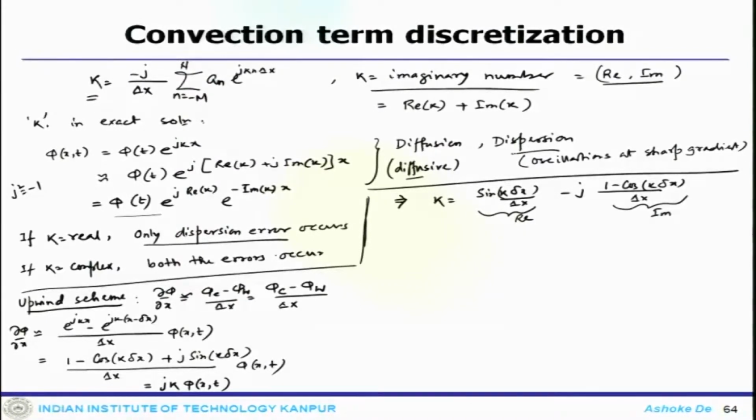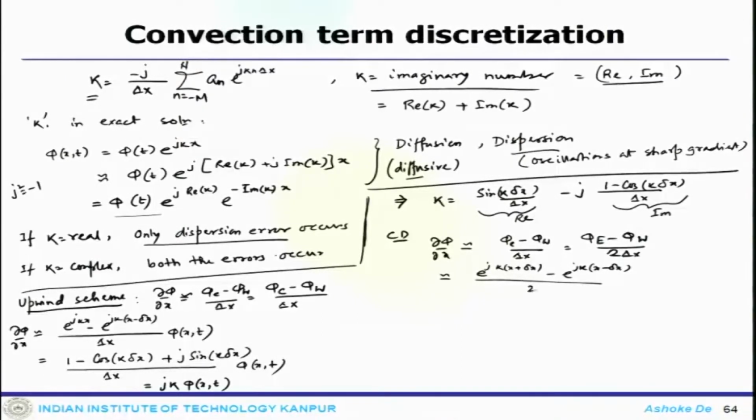Now, at the same time, if you look at the CD scheme, the del phi by del x would be (phi_e minus phi_w) by delta x, which is (phi_e minus phi_w) by 2 delta x, which one can write as (e to the power jk(x plus delta x) minus e to the power jk(x minus delta x)) divided by 2 delta x times phi(x,t).